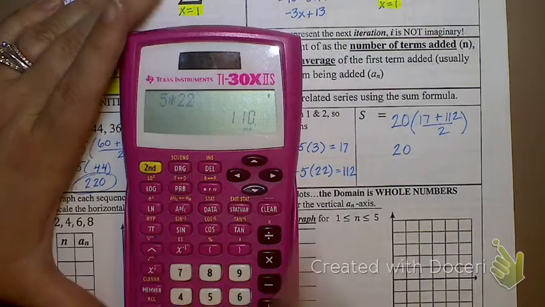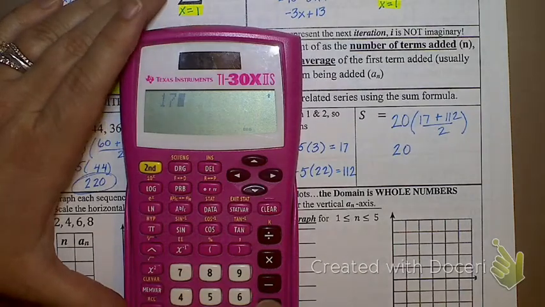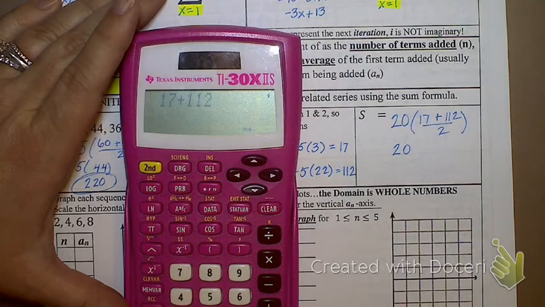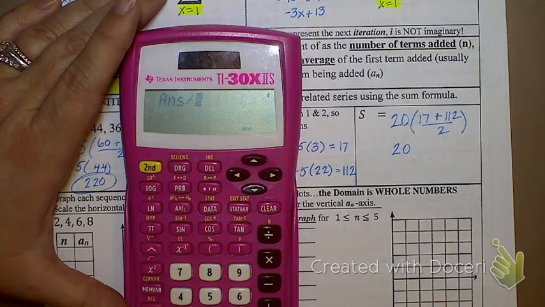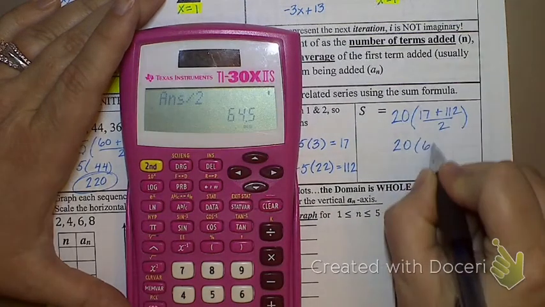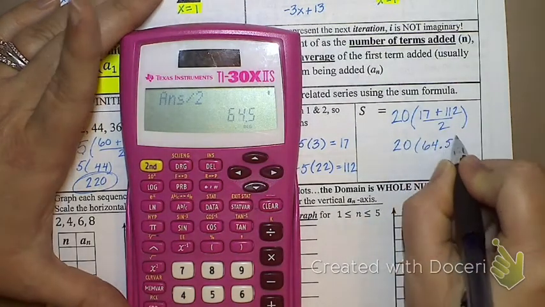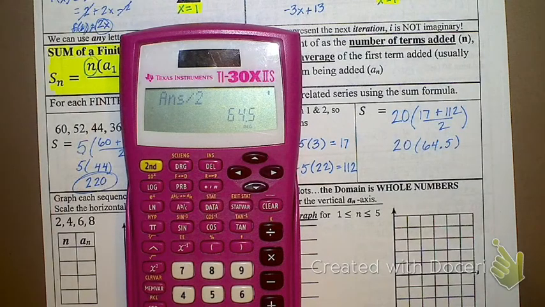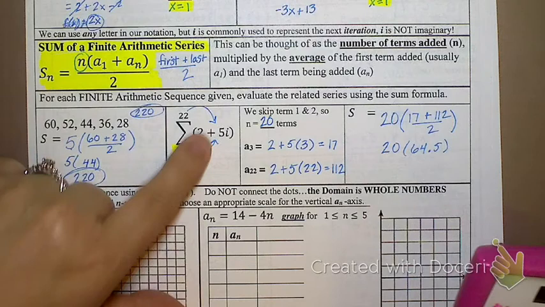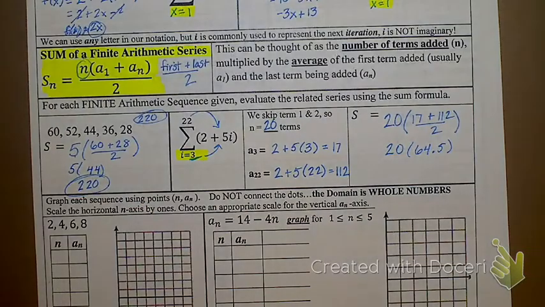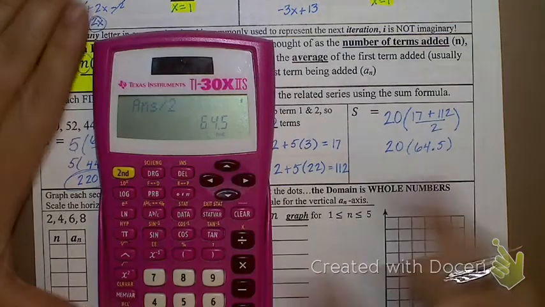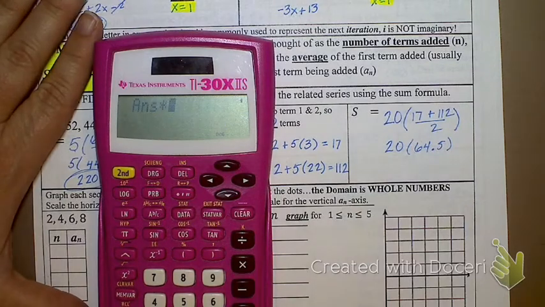I have to do 17 plus 112 and divide it by 2. And I get 64.5. Now I'm a little concerned because that 64.5 is a decimal, and none of the terms in our sequences typically are decimals. But I think that when I multiply that by 20, it's going to work out.